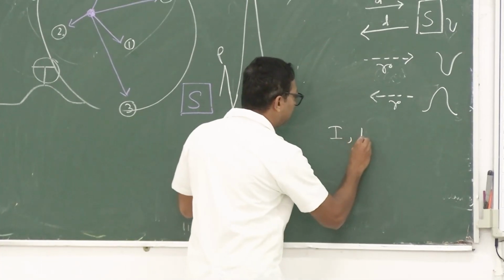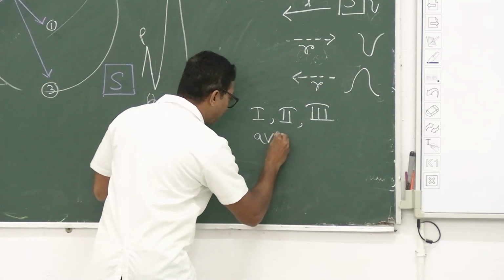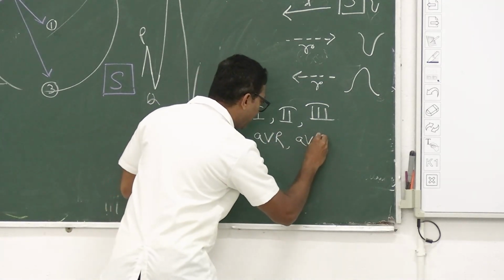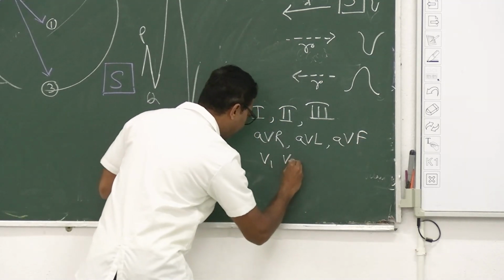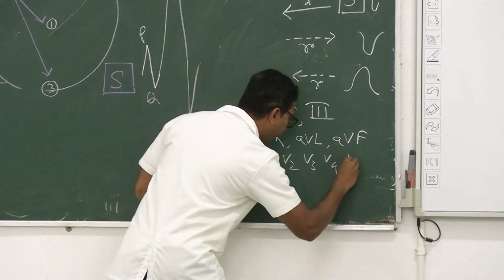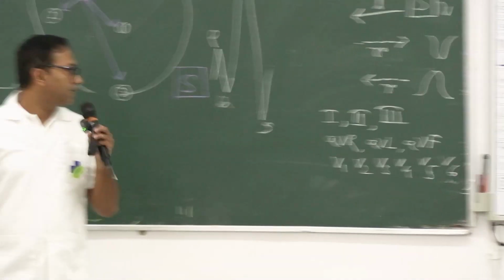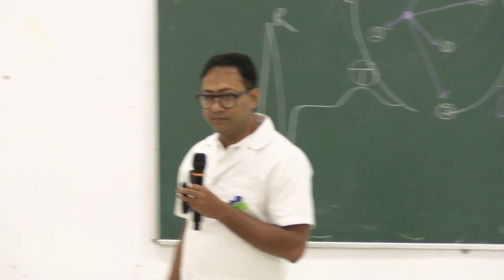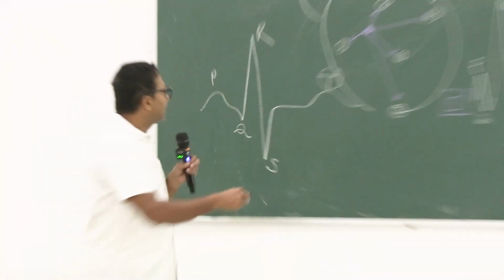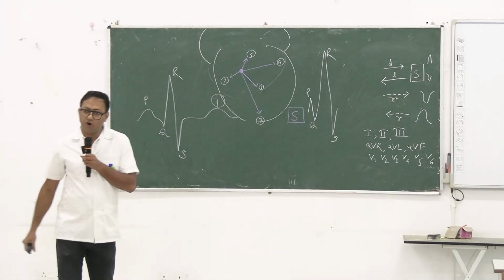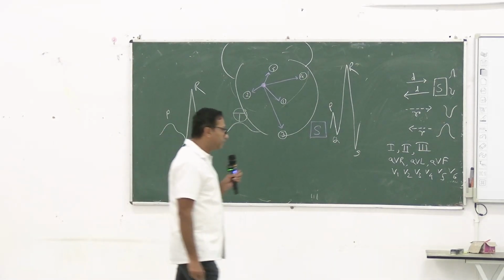Lead 1, 2, 3, AVR, AVL, AVF, then V1, V2, V3, V4, V5 and V6. These are the conventional 12-lead ECG. And the example I just gave with the sensor is the location of lead 2.